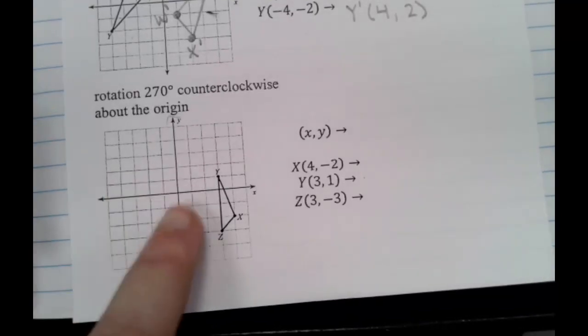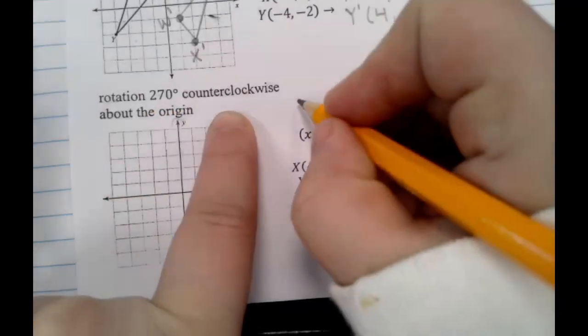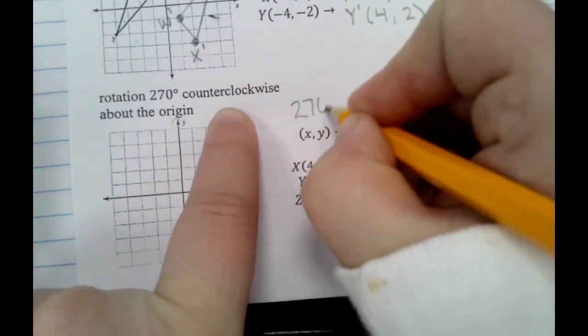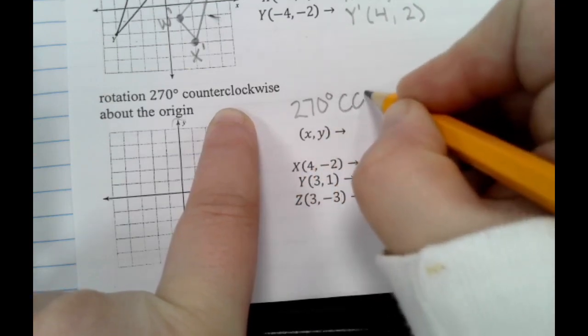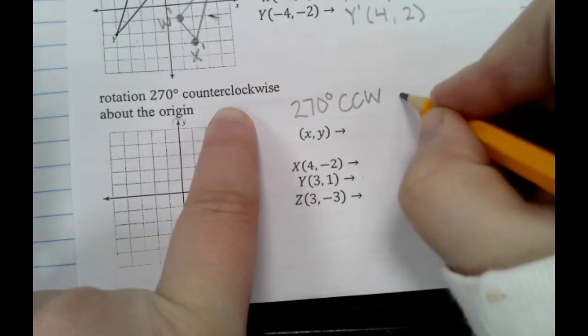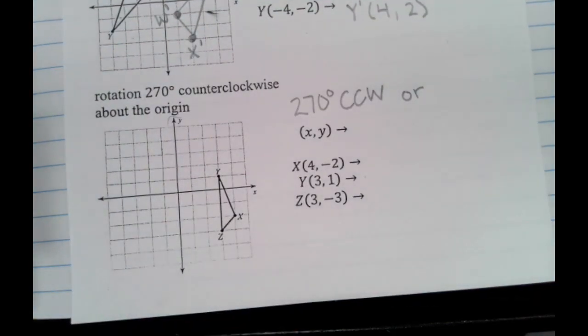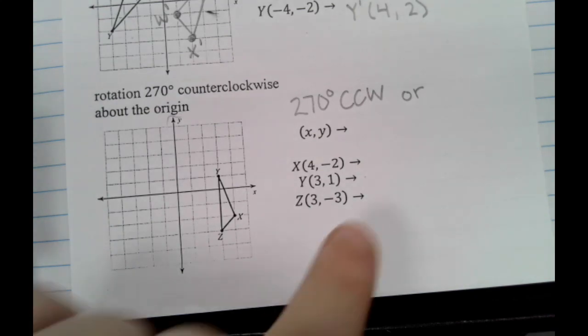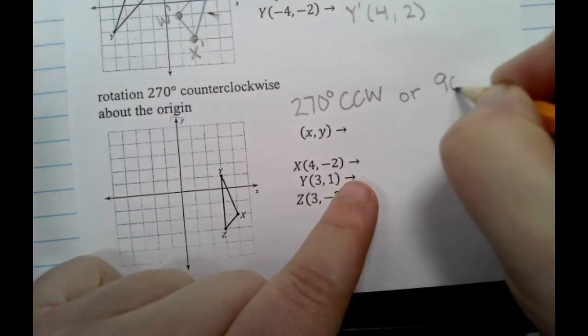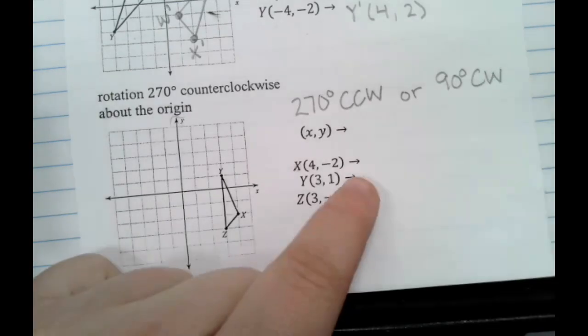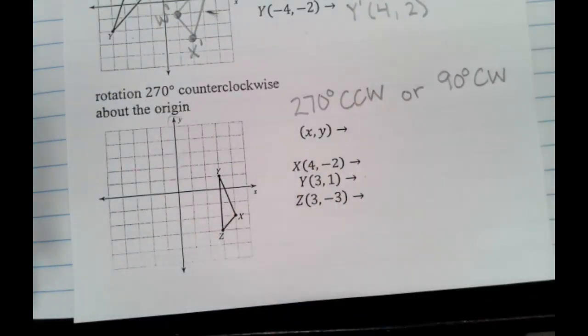This one, we're going to do 270 degrees counterclockwise. Or, what does 270 degrees match with if we go clockwise? 90 degrees. So again, I'm just going to color code that.